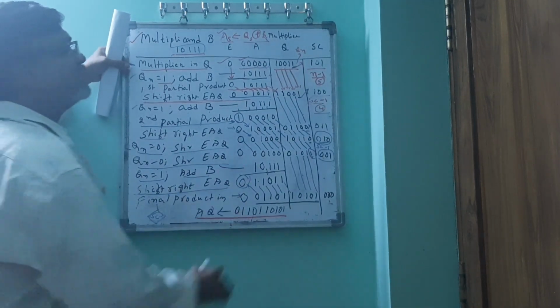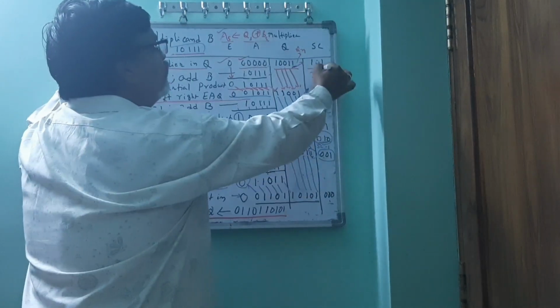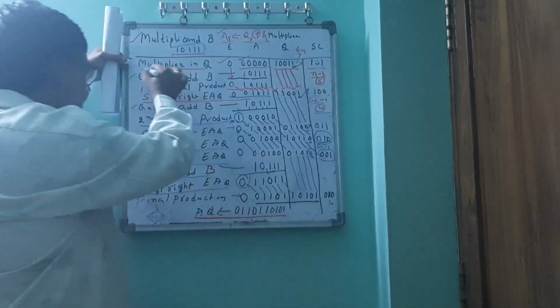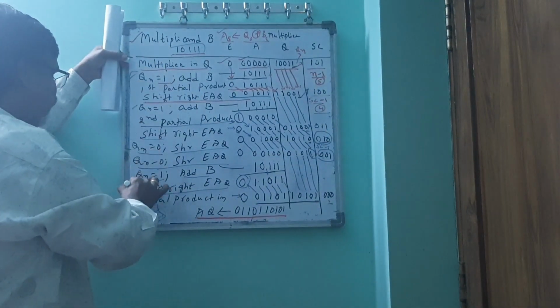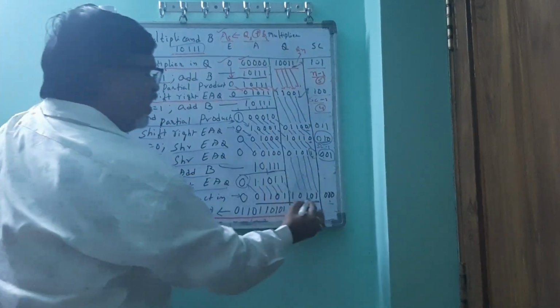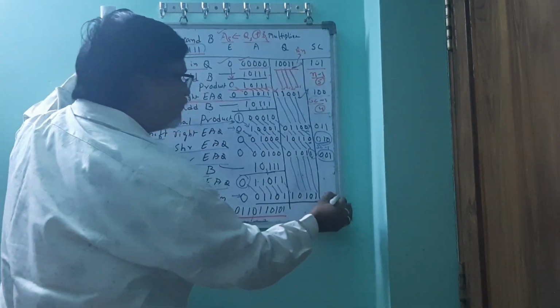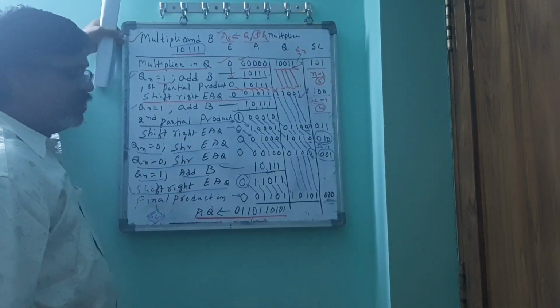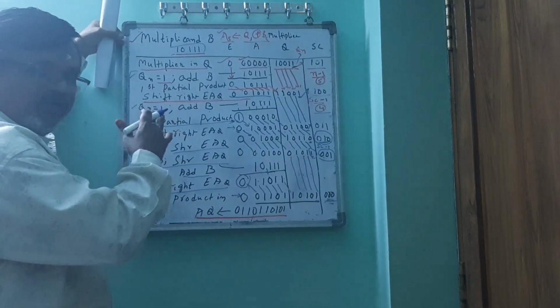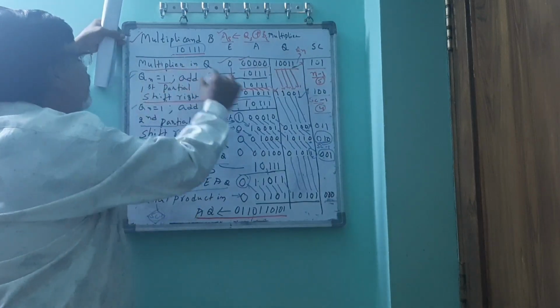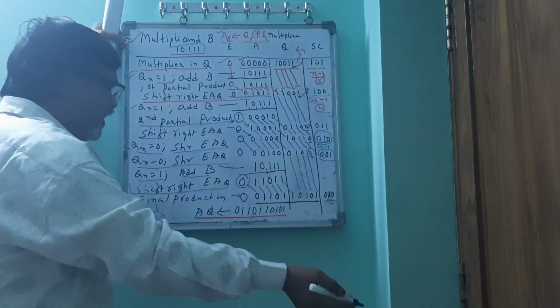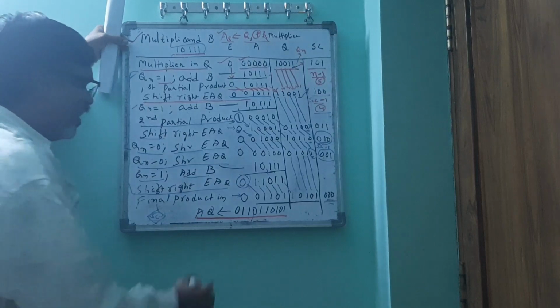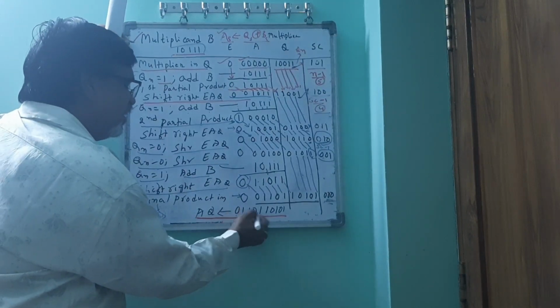If the value of SC is non-zero, all these operations are performed. However, at this point the value of SC is 0, so we need not repeat this procedure. Simply we can end the operation and write the result as AQ.